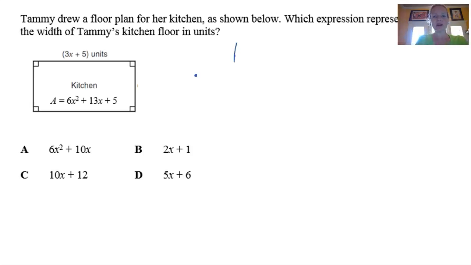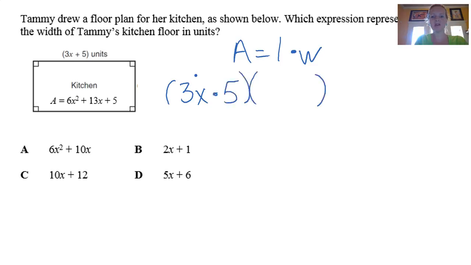Well, we know area equals length times width. So for this one, we already have 3x plus 5. We know that that is one of our factors. We don't know what the other factor is to get 6x squared plus 13x plus 5.